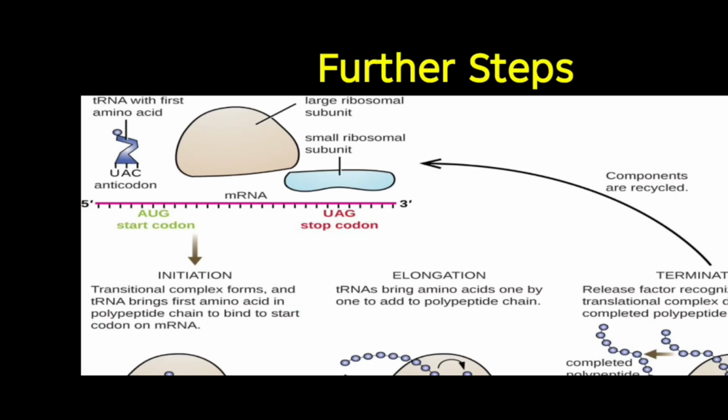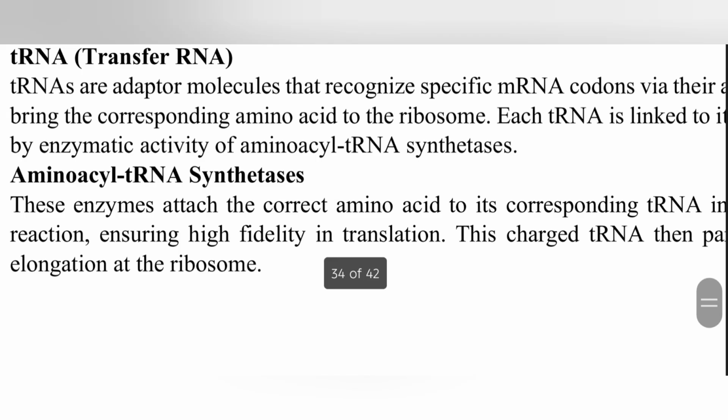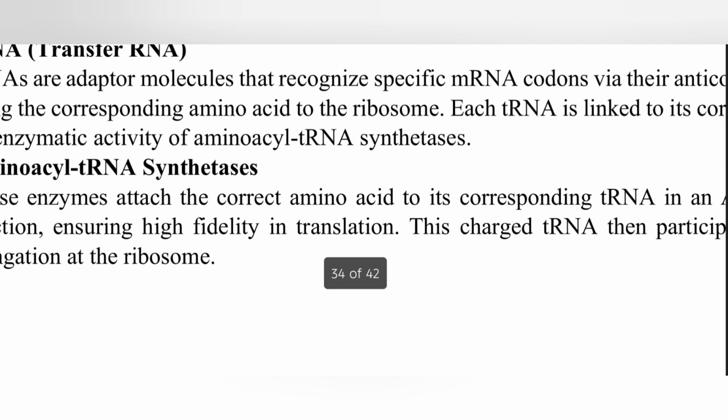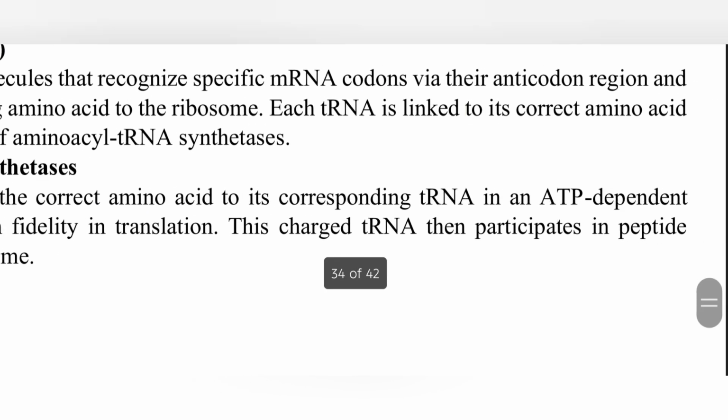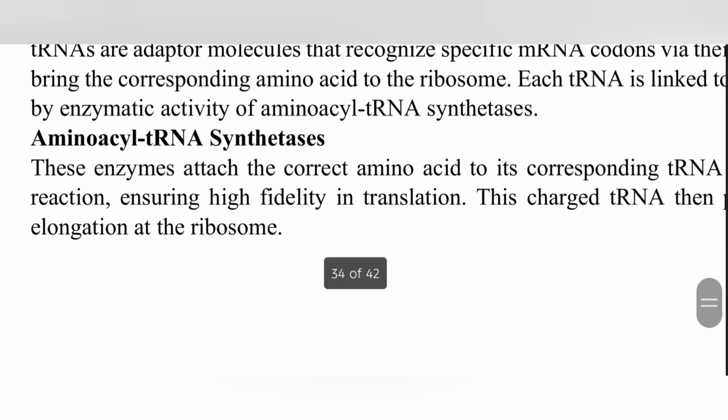And the third thing is transfer RNA with the amino acids, that is the tRNAs. tRNAs are the adapter molecules that recognize specific messenger RNA codons via their anticodon region and bring the corresponding amino acids to the ribosomes.